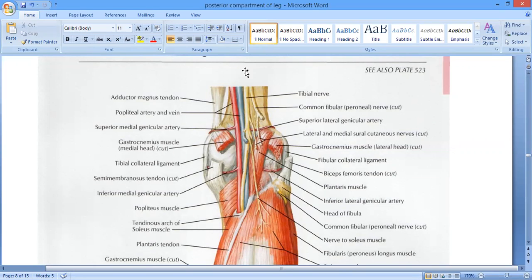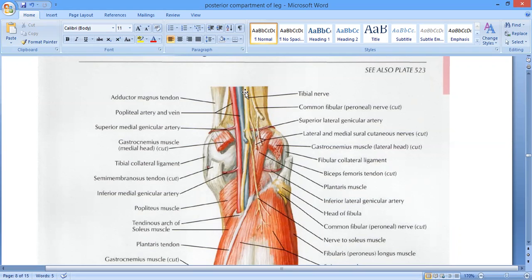Remember, ji? At the superior angle of the popliteal fossa, the sciatic nerve is going to divide into the common peroneal nerve and the tibial nerve, and the tibial nerve is the larger terminal branch of the sciatic nerve. Okay? The common peroneal nerve is a small terminal branch, whereas the tibial nerve is the larger terminal branch of the sciatic nerve, which is given in the lower 1/3 of the thigh at the superior angle of the popliteal fossa, and then it passes downward, okay, through the popliteal fossa.